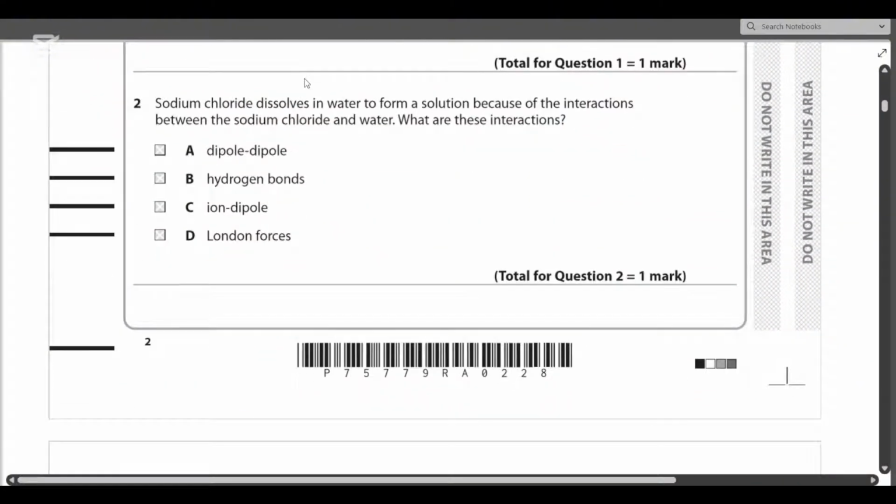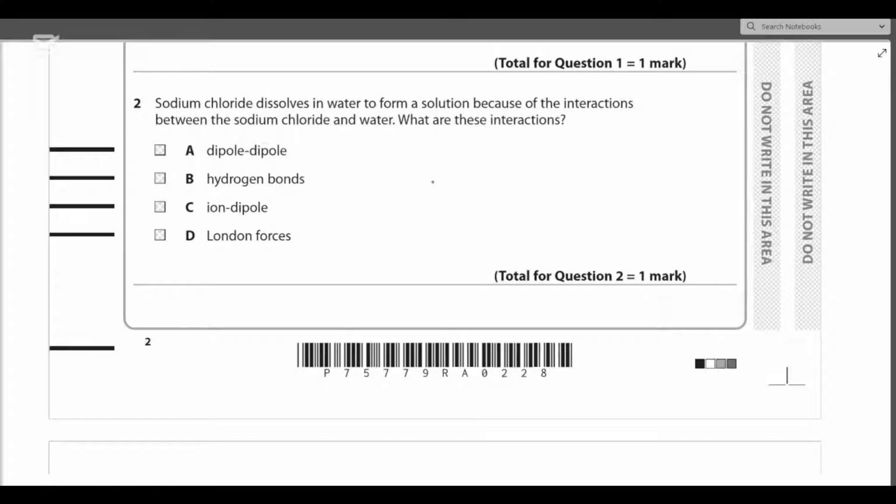Moving on, you have number 2 down here. Sodium chloride dissolves in water to form a solution because of the interactions between the sodium chloride and water. Now, what are these interactions? When sodium chloride dissolves, the sodium ion gets engulfed by the oxygen atoms of water, like this.